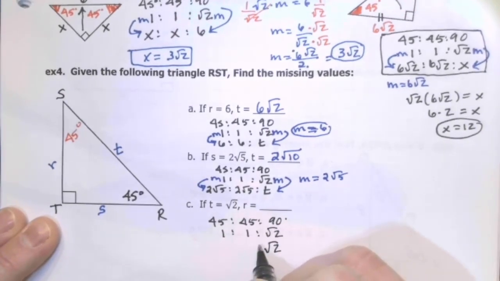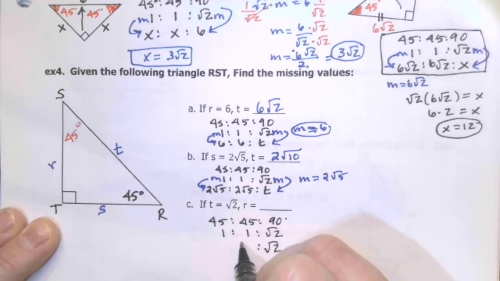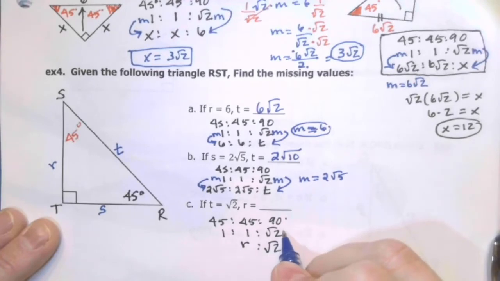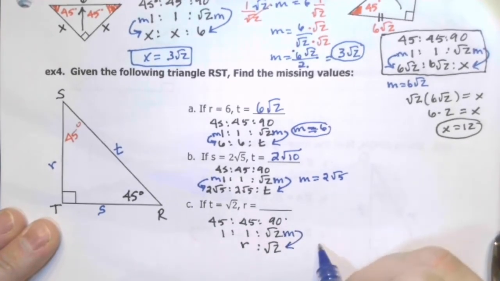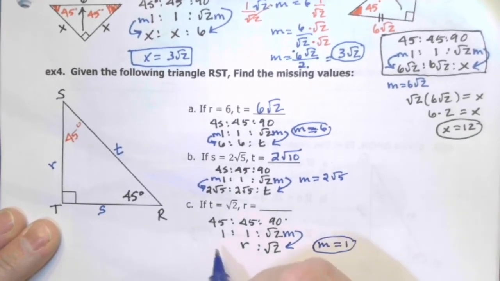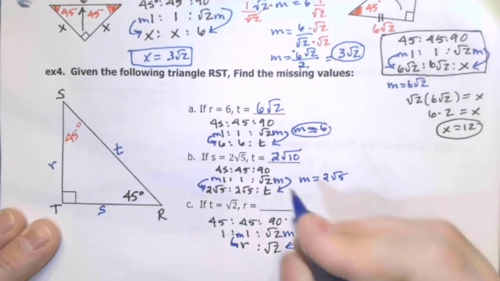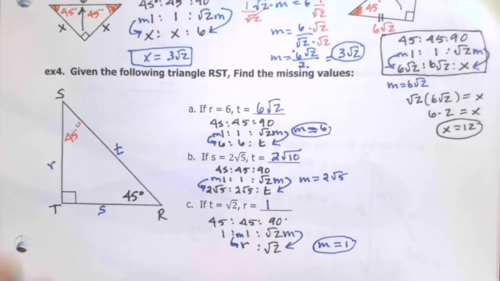That is radical 2. R is opposite the 45. We can use that one for r. All right, radical 2 times our magic multiplier gave us a radical 2. That means your magic multiplier must have been a 1, which makes this a very easy problem because 1 times m is r, 1 times 1 is 1. R has to be 1.